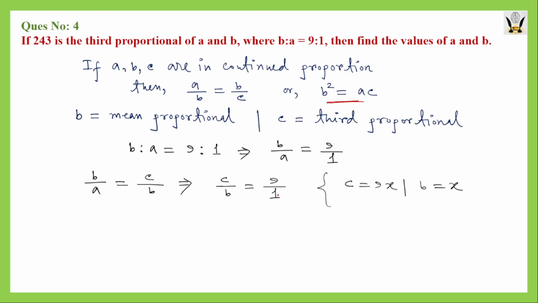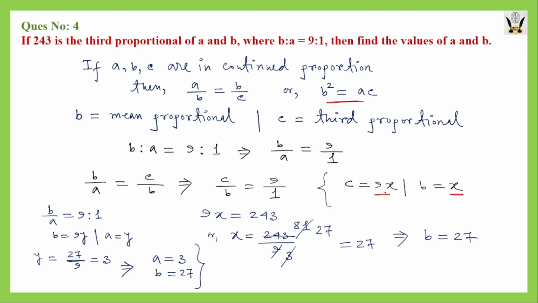Now if we again assume that the common factor of that ratio between c and b is x, then we can write that c is equal to 9x and b is equal to x. Now what is c? In this given relationship of this continued proportion, c is actually the third proportional, and that value is given as 243.